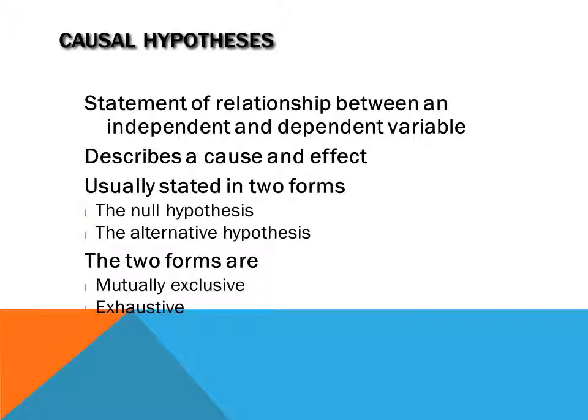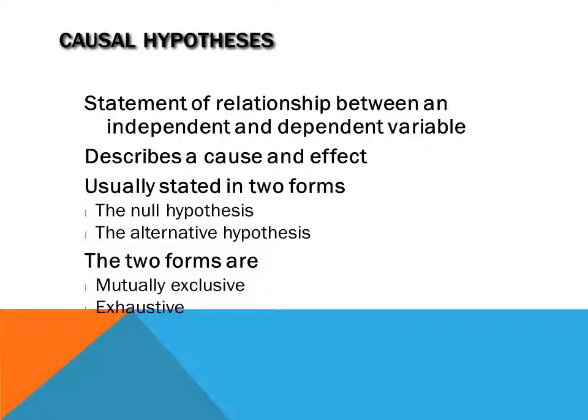And what that simply means is that between the null and the alternative are all the options of possibilities in the relationship between the two variables. And if one of them happens, in other words, if the alternative is true and supported, then the null cannot be true and cannot be supported. And if the null were supported, the alternative cannot.